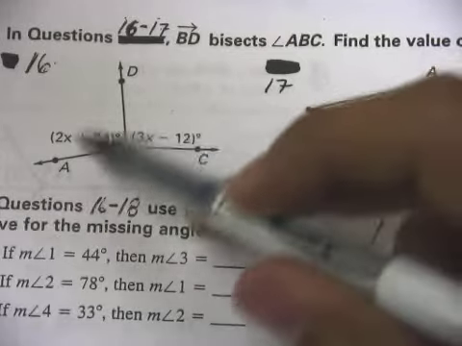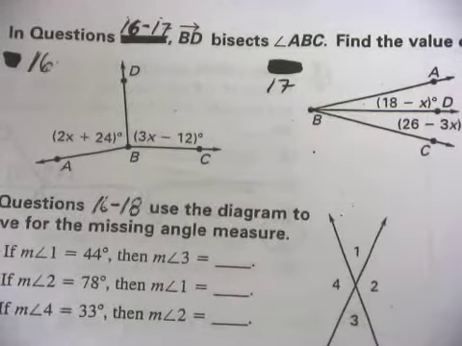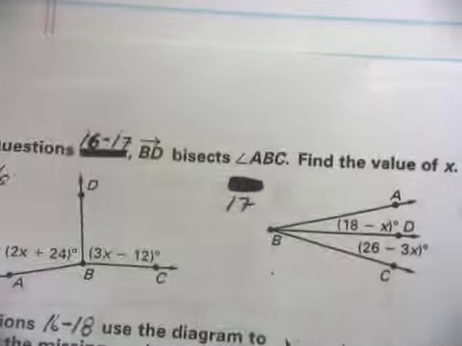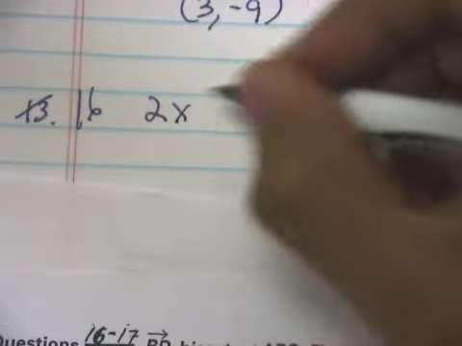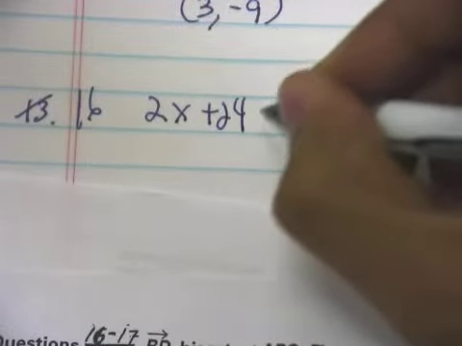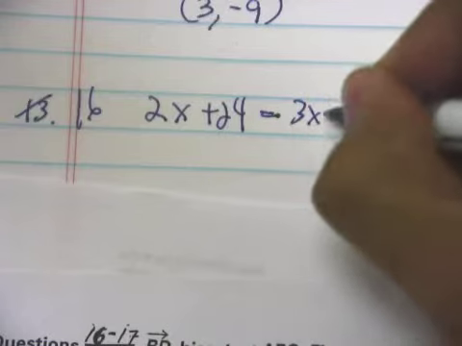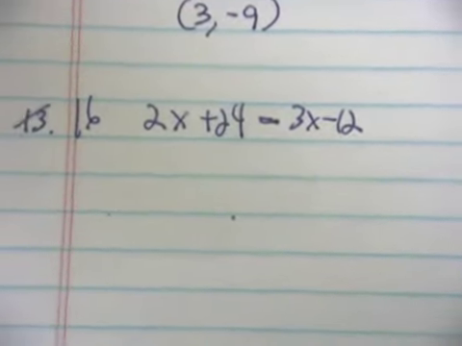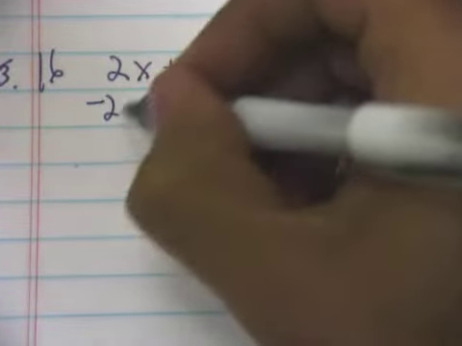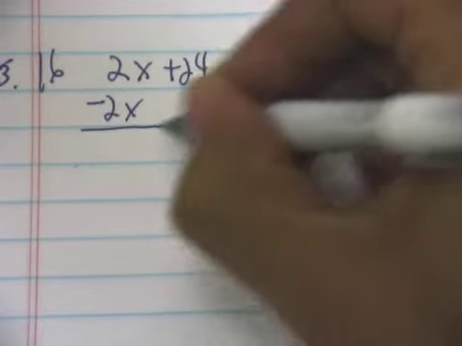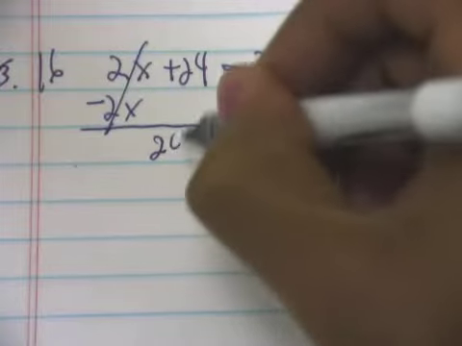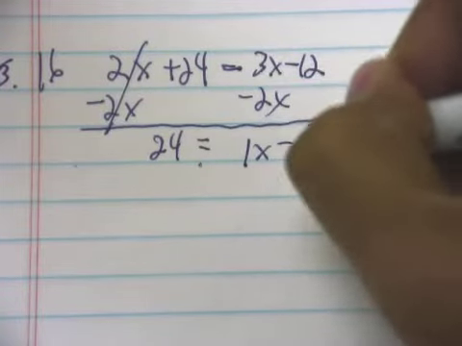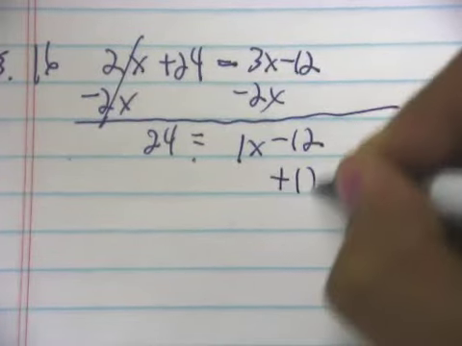Next, we had questions 16 and 17. They tell us in question 16 that BD bisects angle ABC. Well, if this ray here bisects these two angles, then we know that these two angles are congruent. So then we can say, for number 16, that 2x plus 24 is equal to 3x minus 12, because the two angles are congruent.